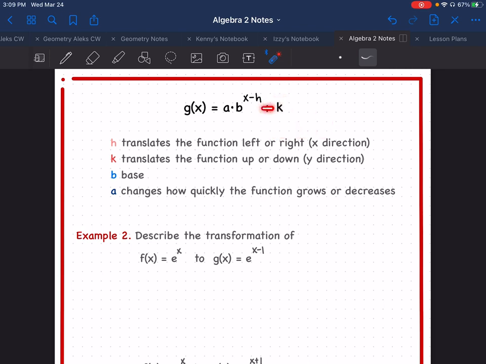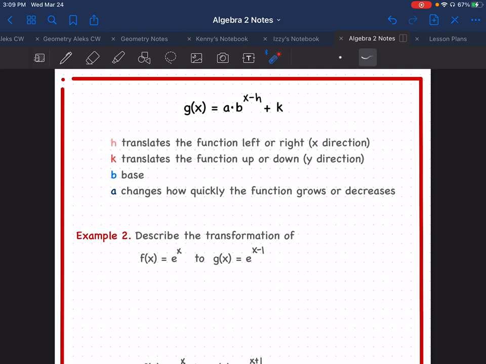If k looks like -2, that means k is -2, and it's going to move my graph down 2 units. B, my base, for this lesson, is going to be my natural number e.